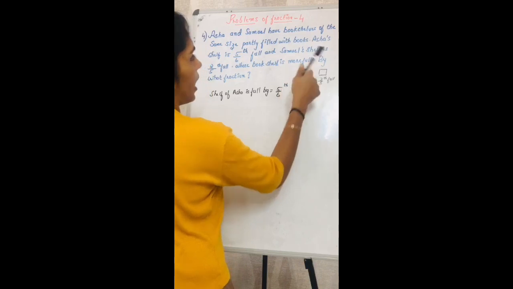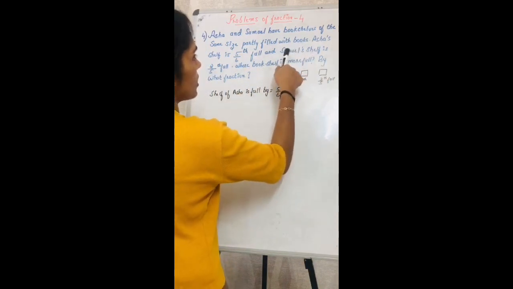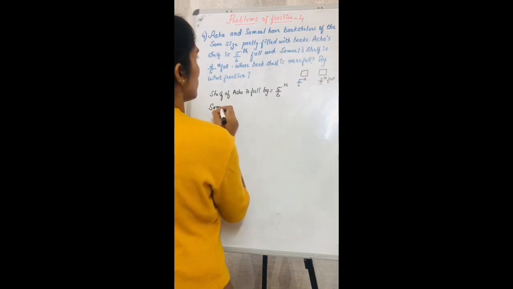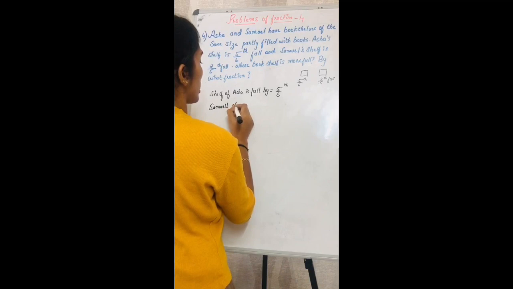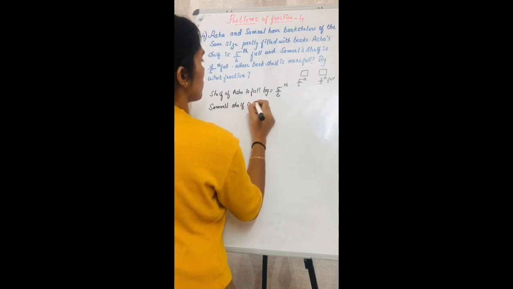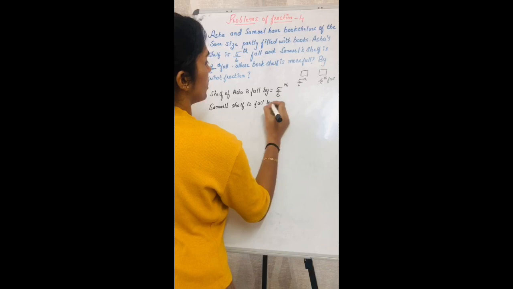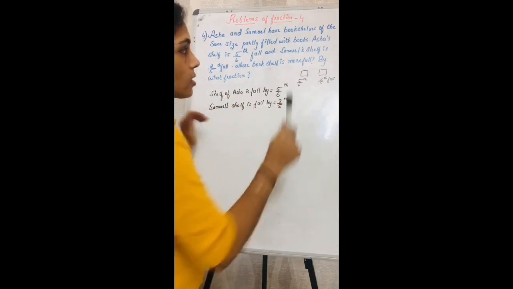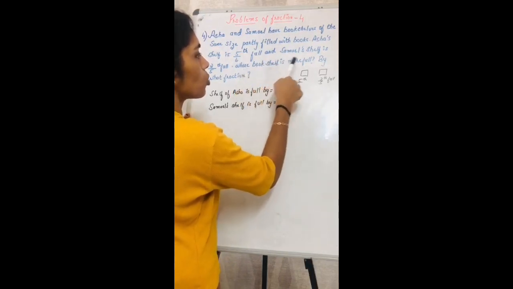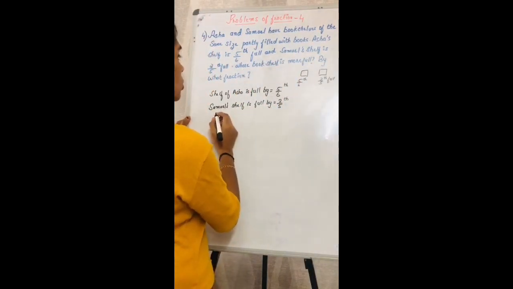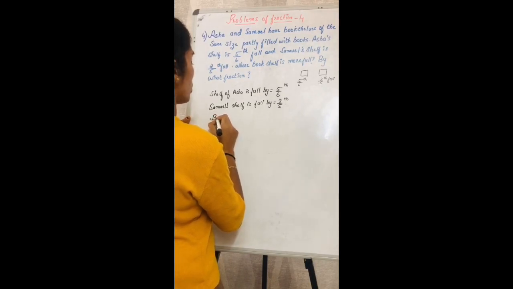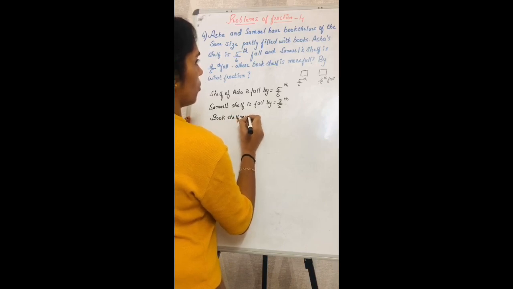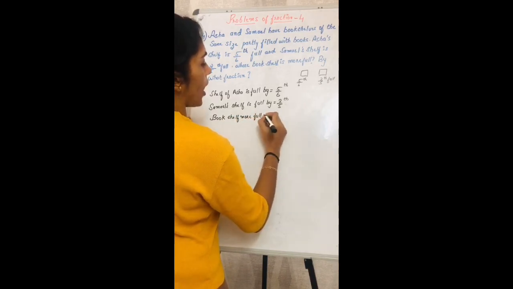And the second sentence you can quote like this: Samuel's shelf is full by 2 by 5. Now you have quoted both of your sentences. Now we have to look for our question. Whose bookshelf is more full? So, bookshelf more full. We have to find that, right?